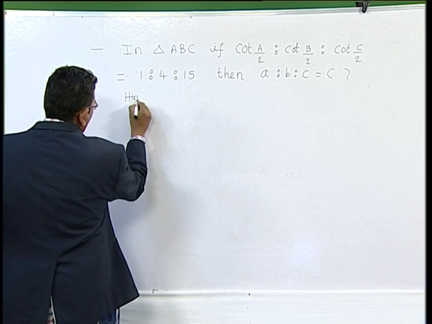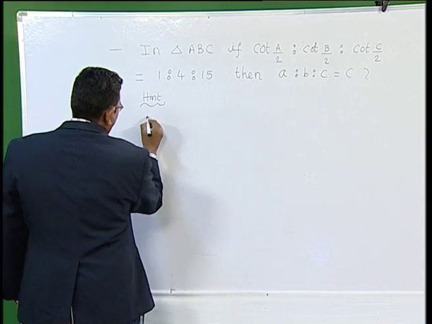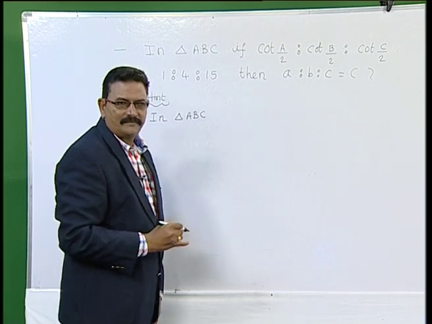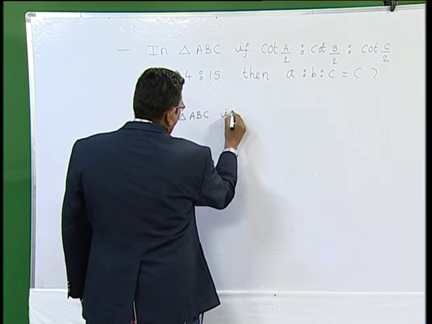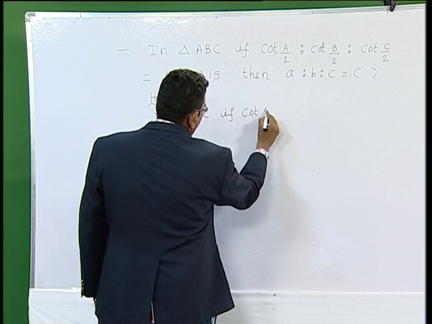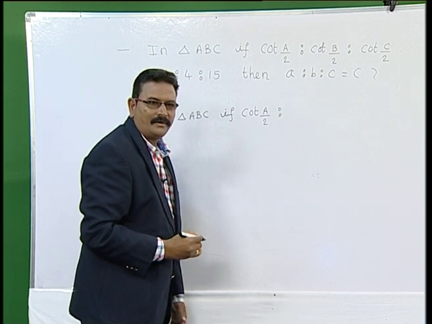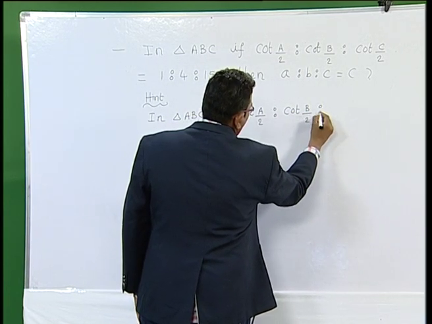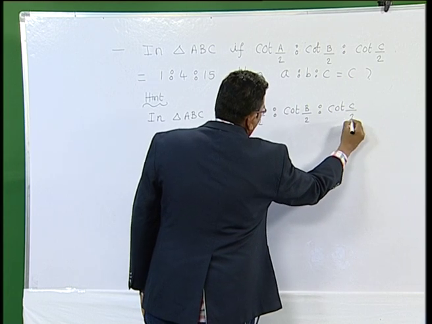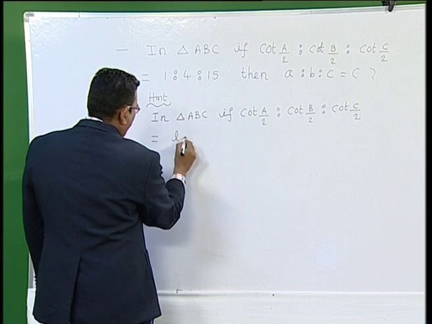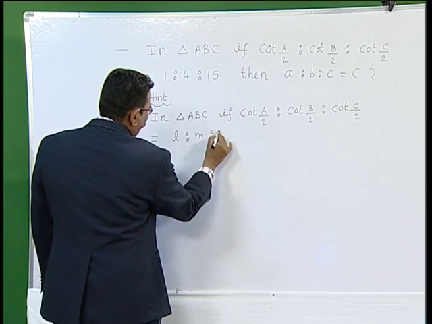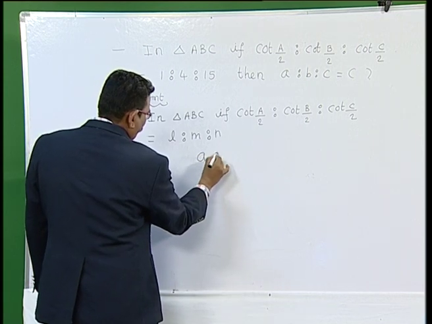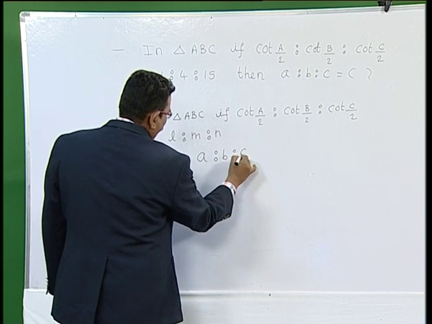Here in triangle ABC, that means with usual notation, suppose cot A by 2 is to cot B by 2 is to cot C by 2 equals to, say L is to M is to N, then A is to B is to C is given by this shortcut.